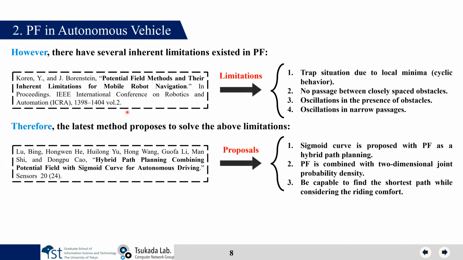So a lattice method was proposed to solve the above limitations. The proposals use a sigmoid curve combined with PF as a hybrid path planning, and then the PF is combined with a two-dimensional joint probability density to estimate the collision risk from the surrounding environment. They are also capable of finding the shortest path while considering riding comfort.